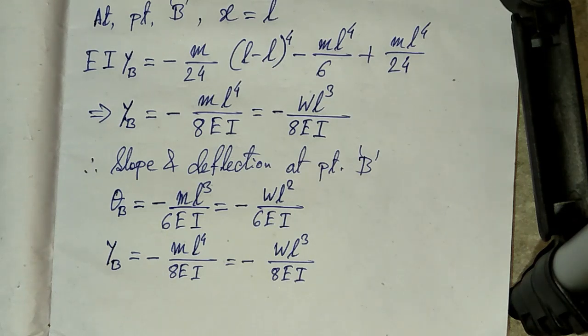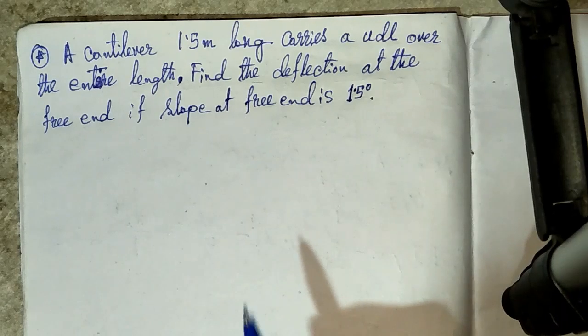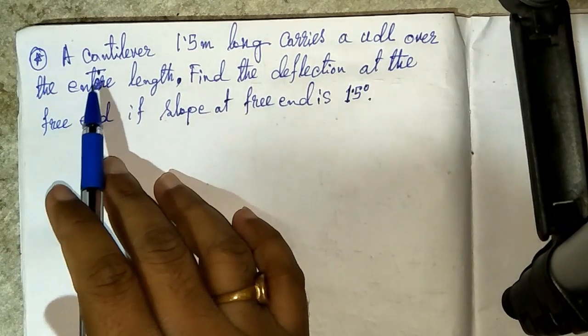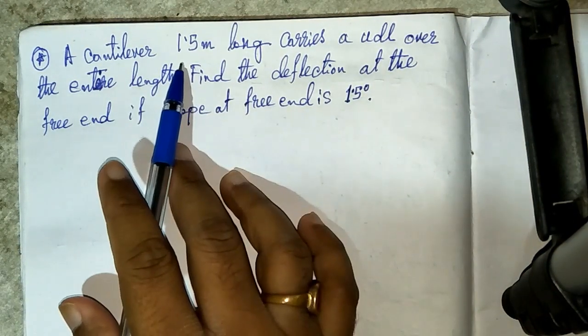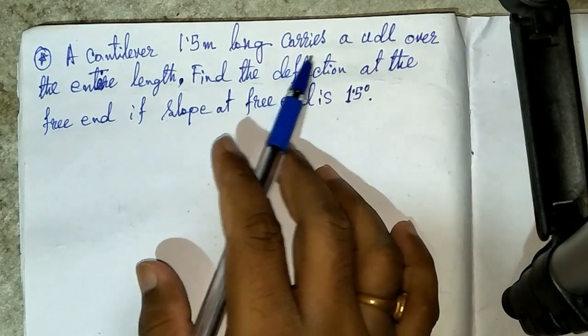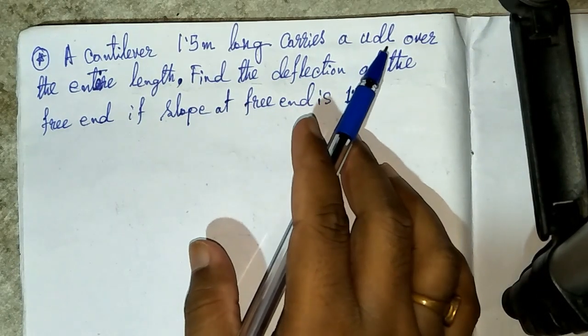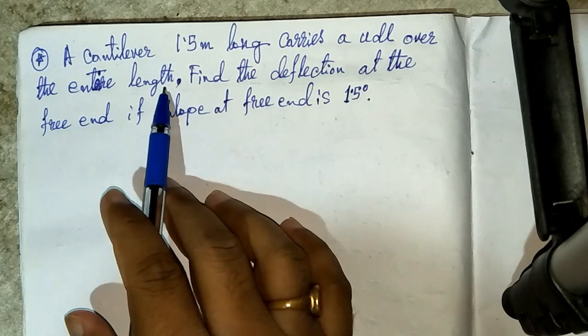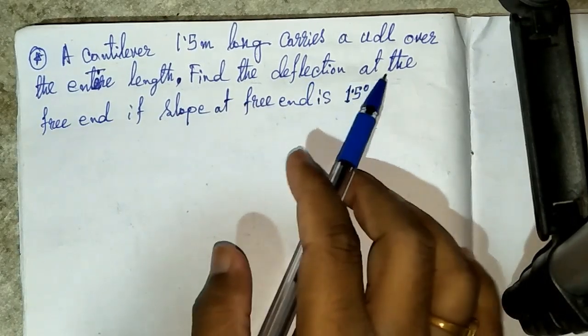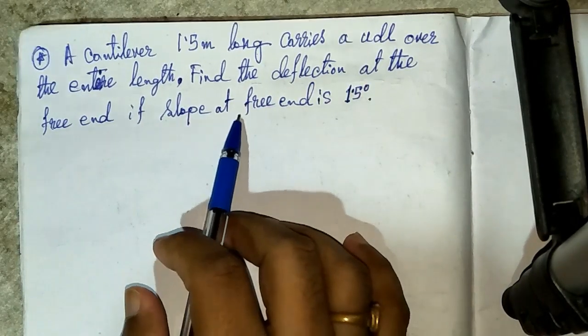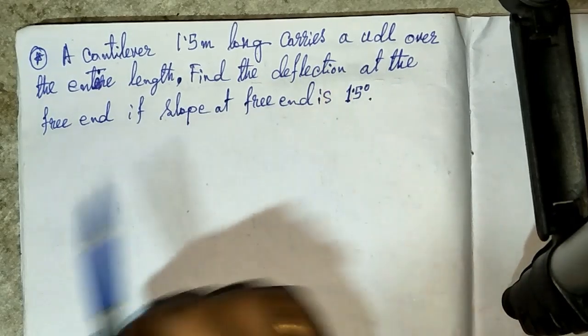Let's do a numerical. It says that a cantilever 1.5 meter long carries a UDL, uniformly distributed load, over its entire length. Find the deflection at the free end if the slope at the free end is 1.5 degree.